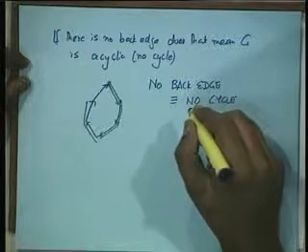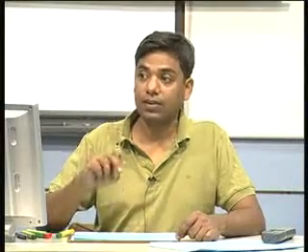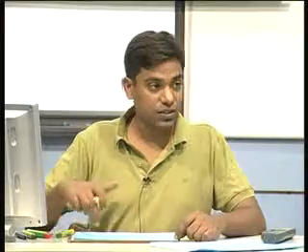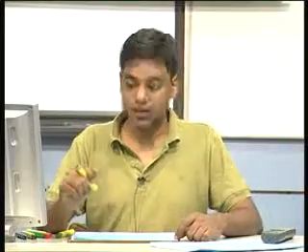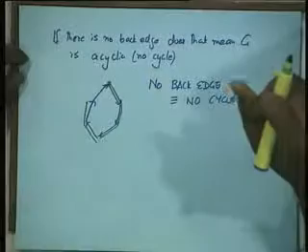Of course, this is a directed graph, right. A cycle means a path, and it is very clearly specified in a directed graph. A path means you can go from one vertex to the next. Think of them as one way streets, right. So, a cycle would mean only if you can traverse in such a manner that you can reach the starting point. Great. So, no back edge means no cycle, and how am I going to prove this?